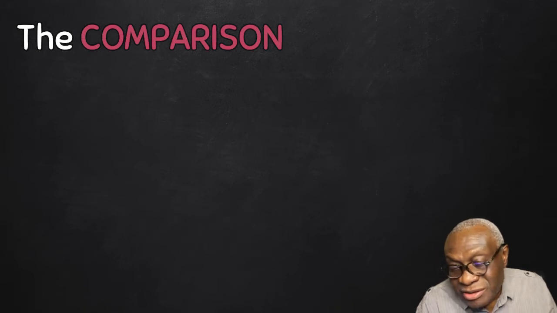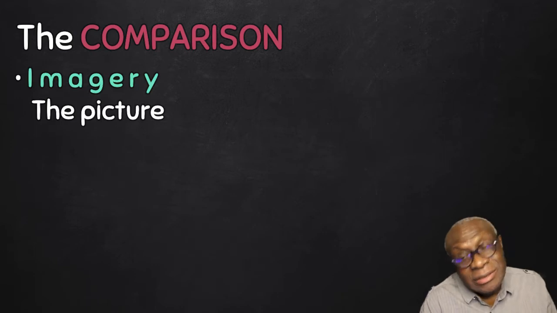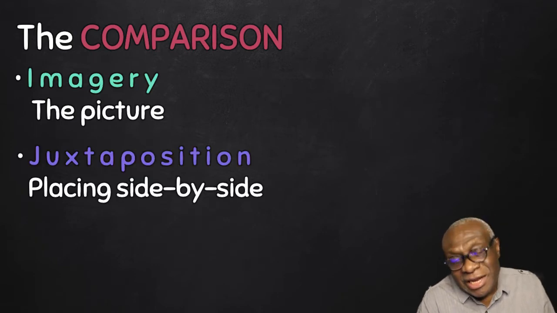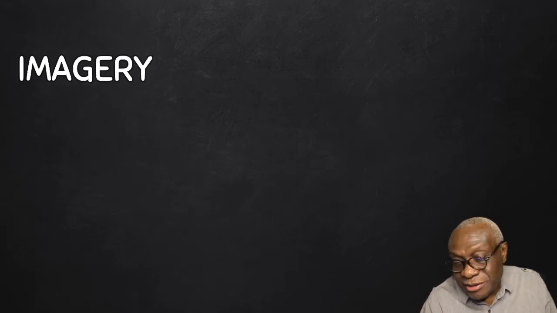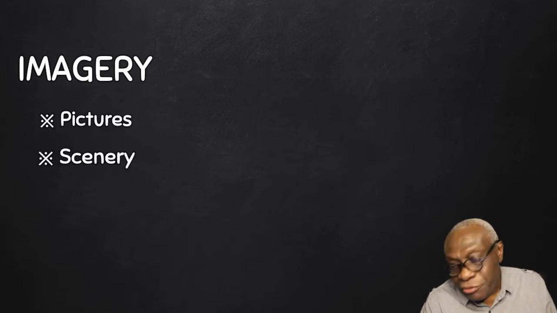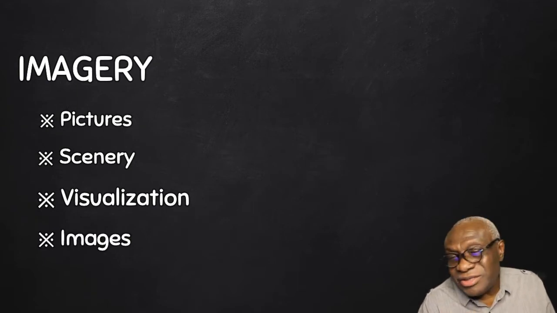Now, we're going to focus on imagery, juxtaposition, and oxymoron for today. Fine, let's start with imagery. Imagery, as the word suggests, has to do with pictures, scenery, visualization, and the images that you see.